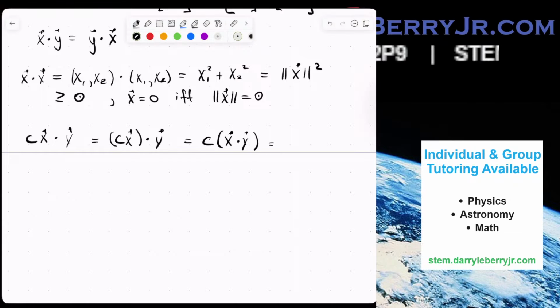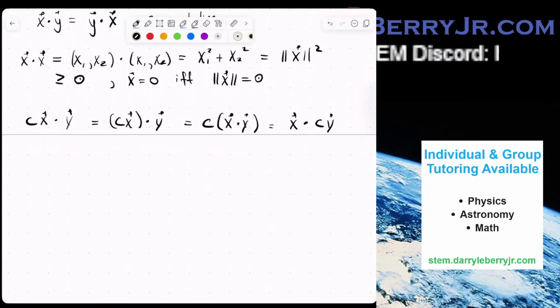And now we find it should also equal, even though it's not listed there clearly, x dot the scalar times y. Because no matter how you look at it, it'll end up being c x1 y1 plus c x2 y2. Which means you can factor out however you want.